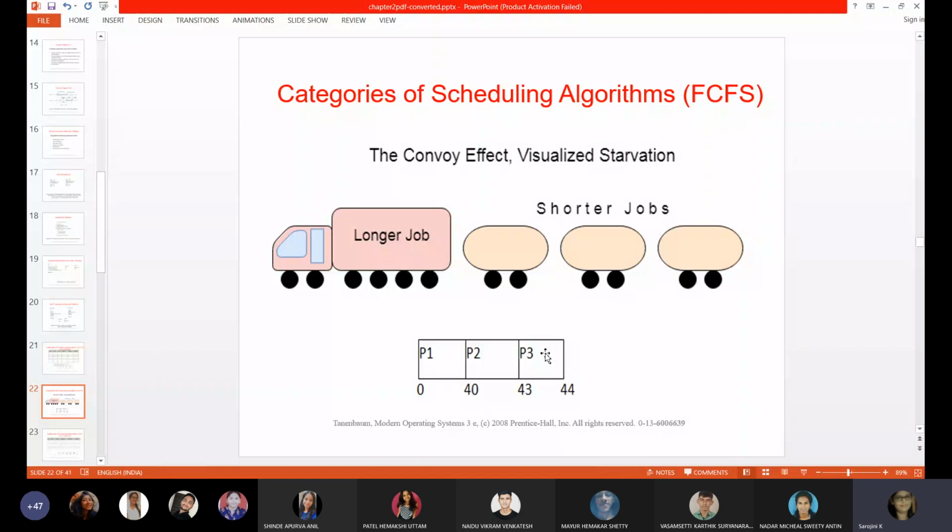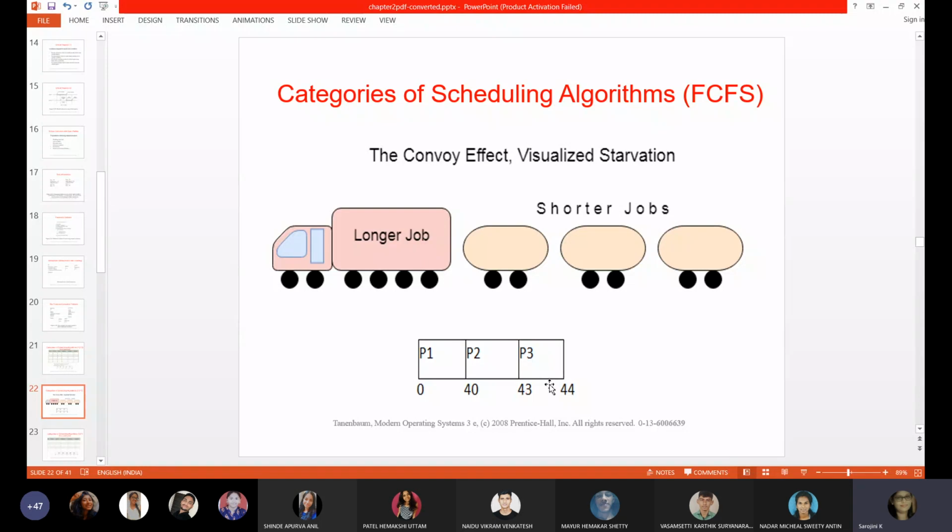But still, processes P2 and P3 should wait 40 milliseconds, though their CPU burst time is very small. P2 has to use only 3 milliseconds of CPU, and P3 wants to use only 1 millisecond of CPU.